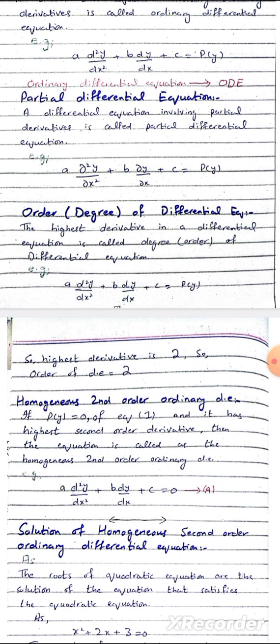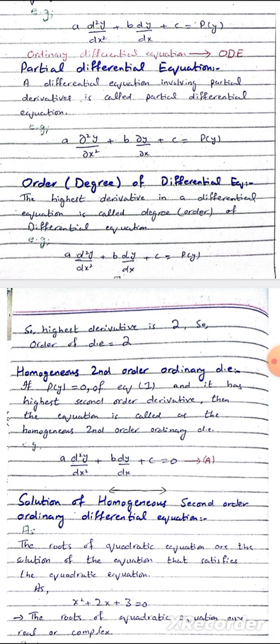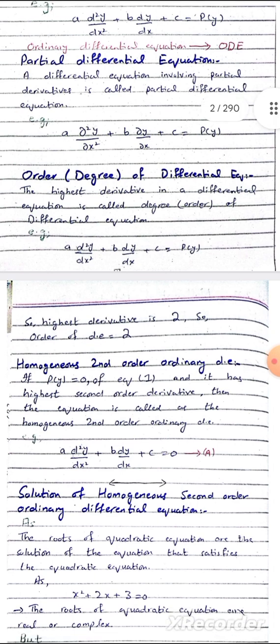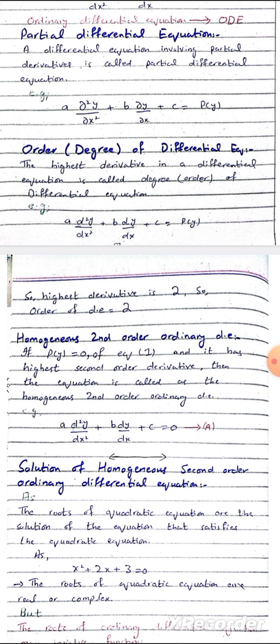And now, the order of the differential equation is the highest derivative in the differential equation. For example, our general equation is a d square y by dx square plus b dy by dx plus c is equal to p of y, in which the highest derivative is 2, so the order of the differential equation is 2.